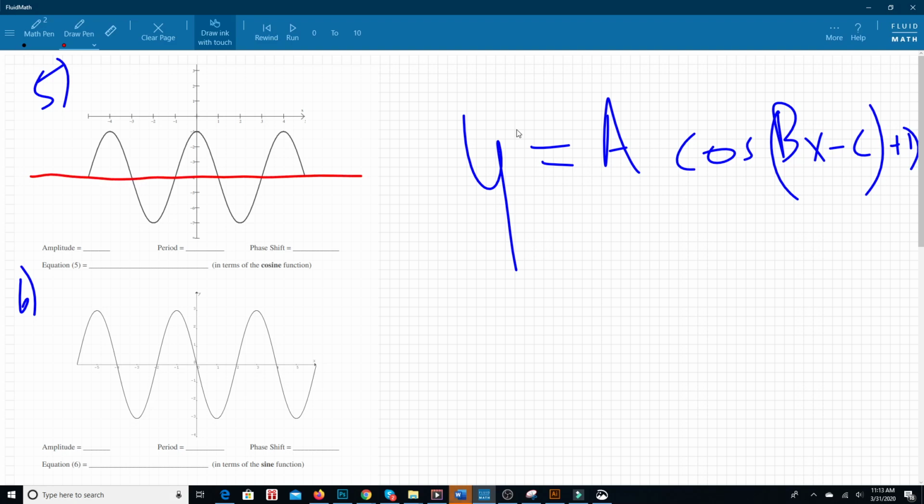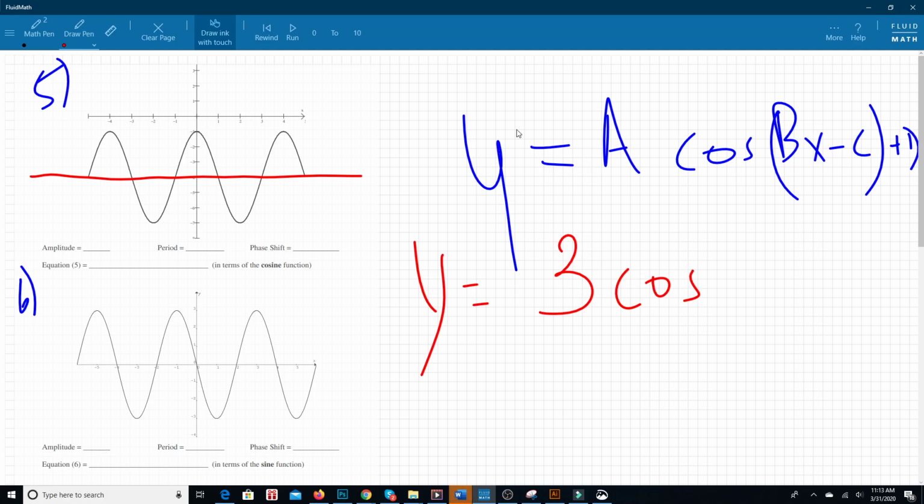That's the midline. So there we could look at what the amplitude is. Amplitude in this case is going to be 3. So we have y equals 3 cosine, right?